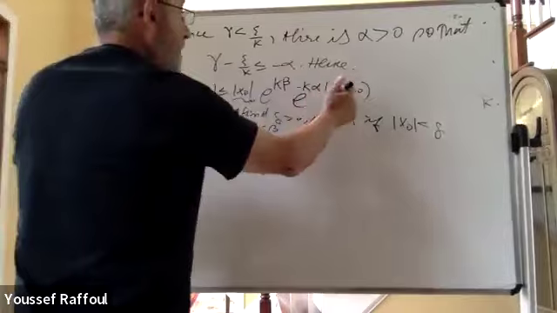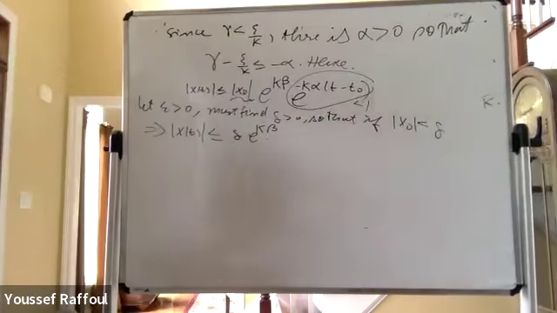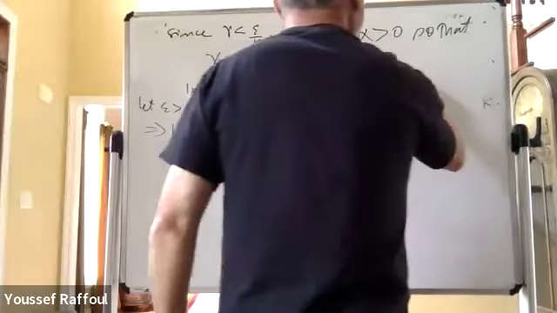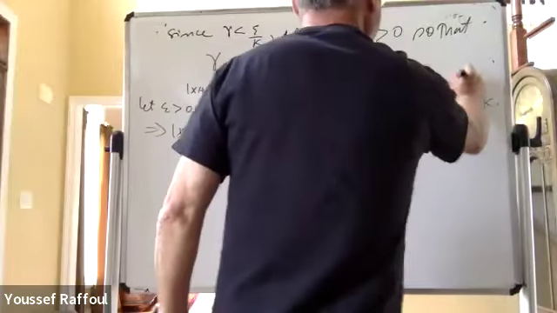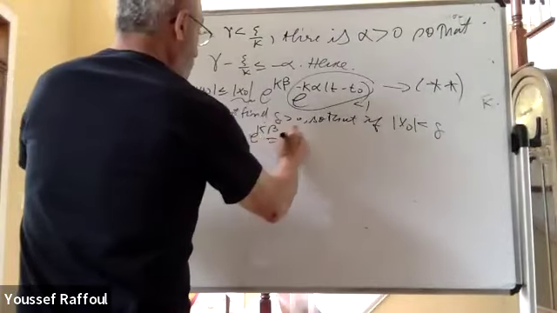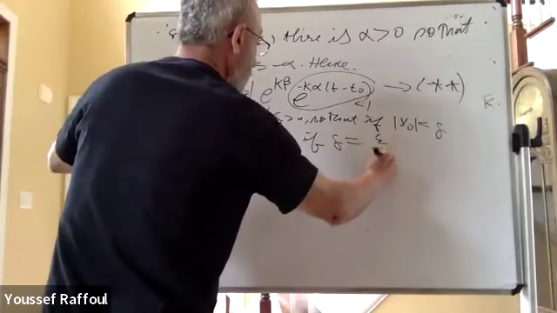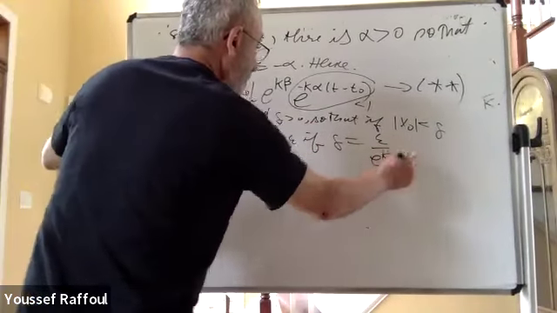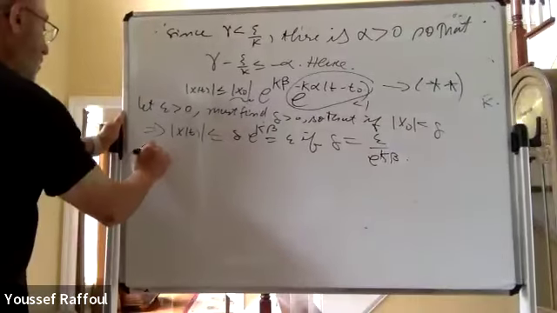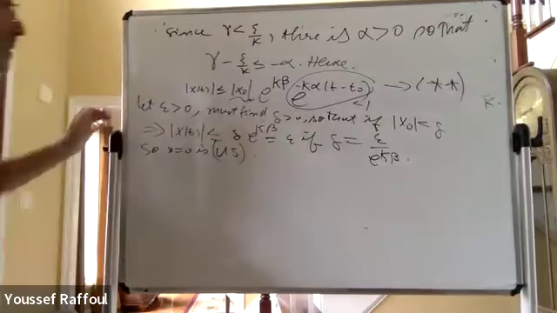All this is less than 1. Let me call this double star. So this will be equal to epsilon if delta is epsilon over e to the k beta. So x equals 0 is uniformly stable.